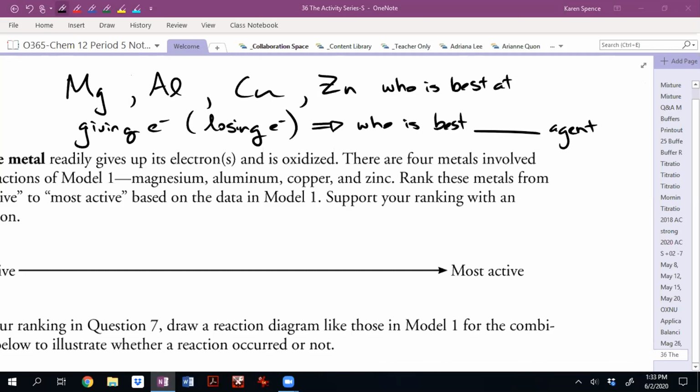This is going to be who is the best reducing agent, because remember, if you are losing electrons, if you are getting oxidized, you are the guy who is reducing the other one. You're reducing your partner, okay? If I am losing electrons, I am giving them to someone else and that other person is gaining them. And that means that I have reduced that other guy. So I am the reducing agent if I am getting rid of my electrons.